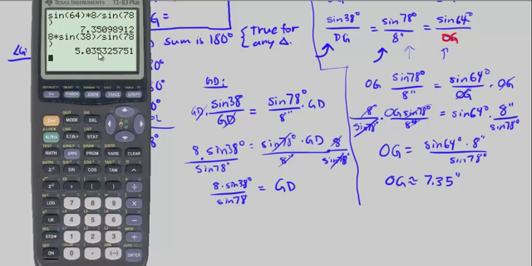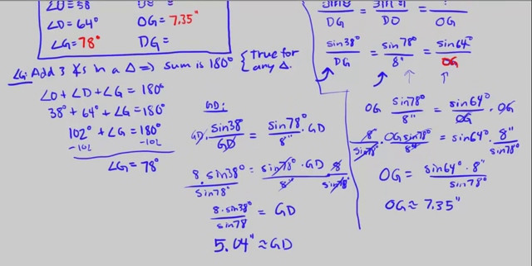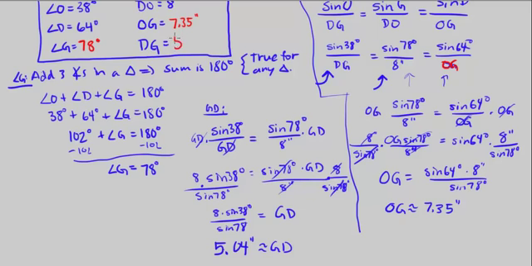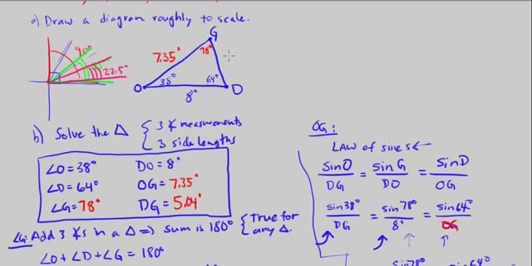This 5 here, because it's 5 or greater, makes this number round up, so it's 5.04 inches approximately. Okay? So I can go up here and this is GD or DG, and I know that is 5.04 inches. I'm going to put that in my triangle as well.